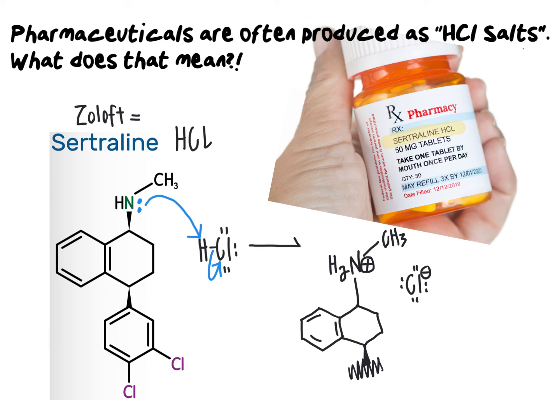And so in thinking about formulating this molecule so that it can be taken orally and readily, by reacting with the acid, that creates this molecule which is much more water soluble than the starting material. And so by increasing water solubility, this becomes a more readily accessible drug.